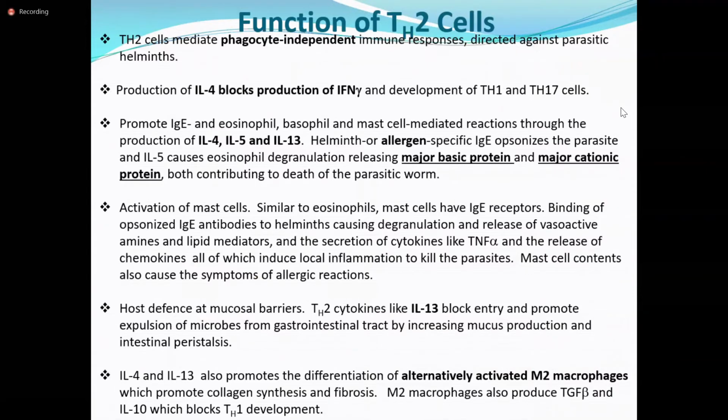And the mechanisms to deal with worms are based on, one, IgE and eosinophils, basophils, mast cells. Now, I'm assuming most of you know the role of IgE, what IgE does.